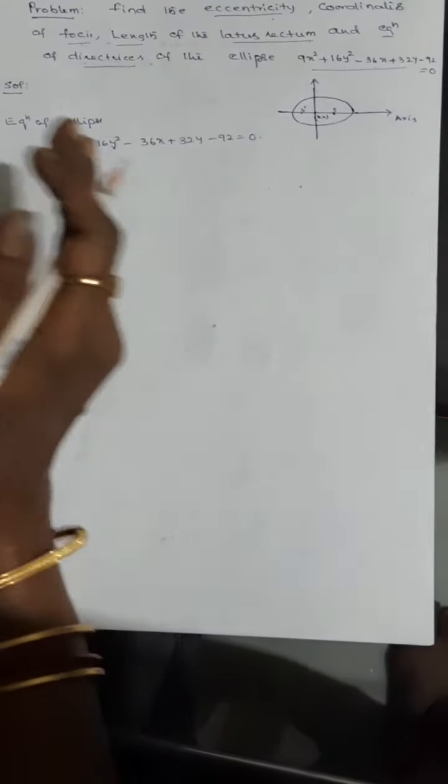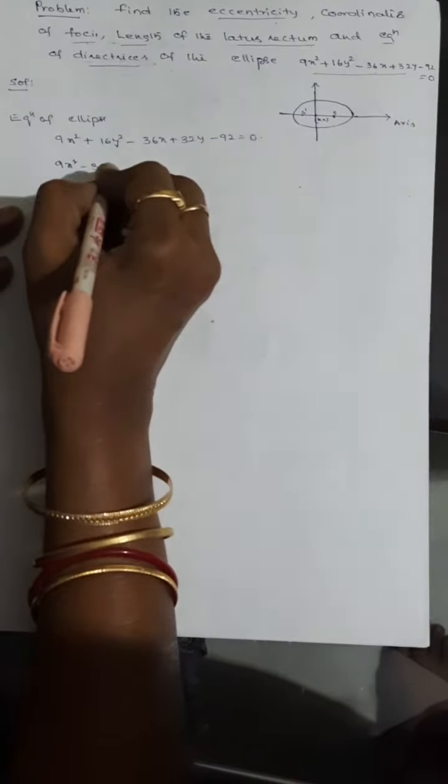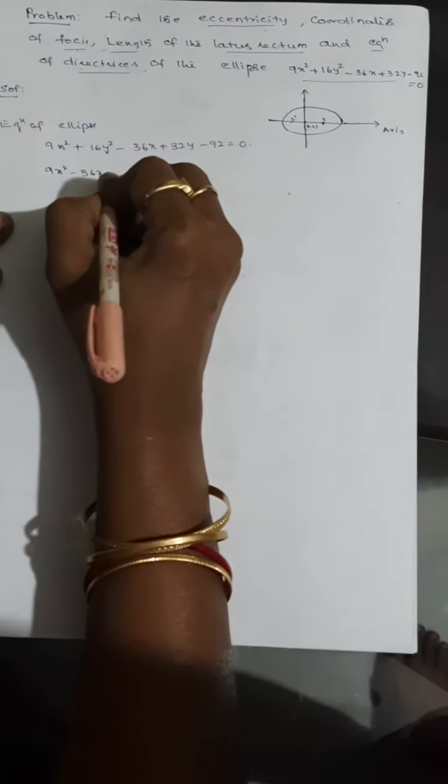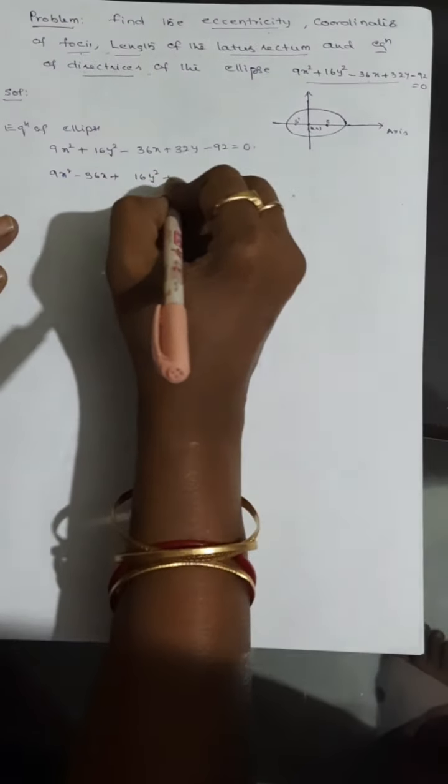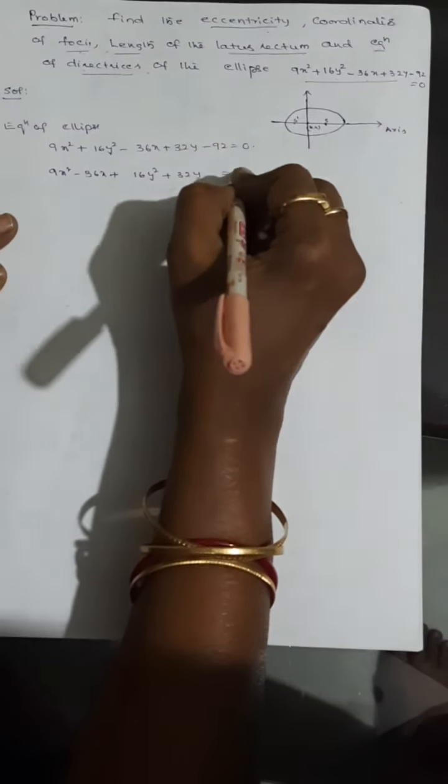First we write all the x terms on one side and all the y terms on one side. That is 9x square minus 36x plus 16y square plus 32y is equal to 92.